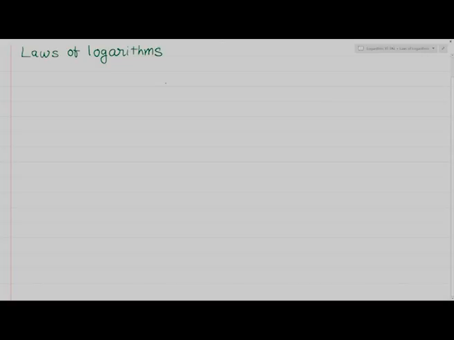In today's class we are going to study the laws of logarithms. Sometimes these laws are called properties of logarithms. For this we will assume certain things. Let us assume some conditions on the base and on the numbers, or the arguments, that we give in log.